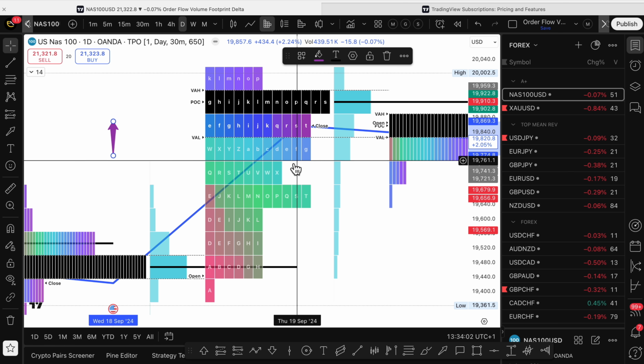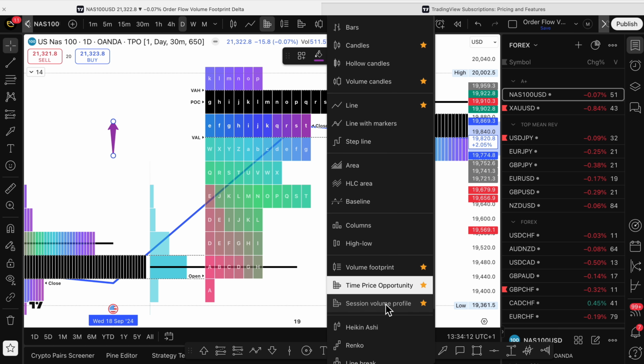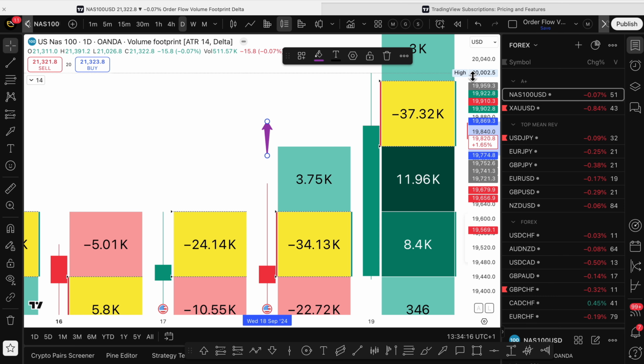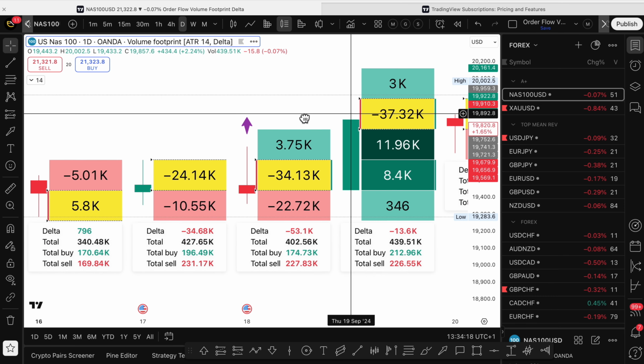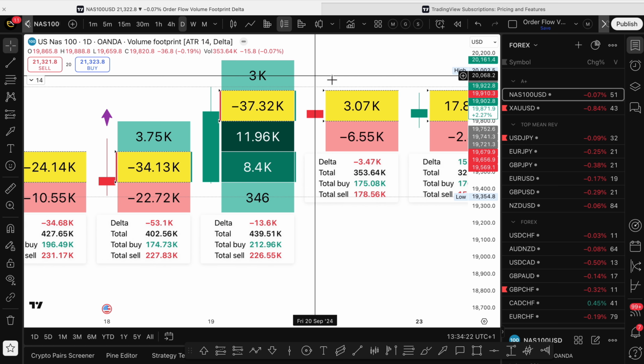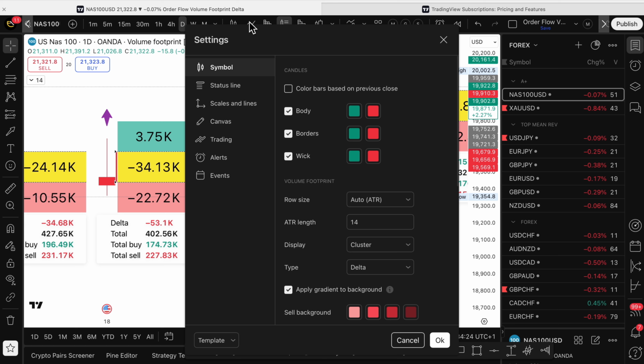So again, it's more detailed, but I don't use it personally. I know how to use it, but I think it's just too much information overload. I think the sweet spot is the volume footprint. It just gives you one candle there. Just to go through the settings of this, we go to settings, and in your symbol, this is basically your volume footprint.